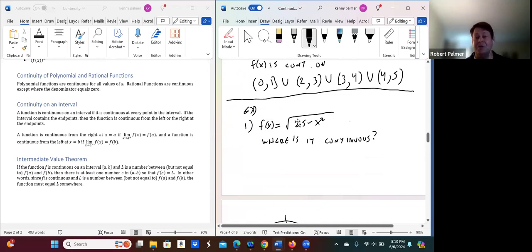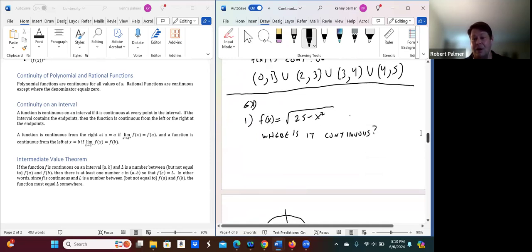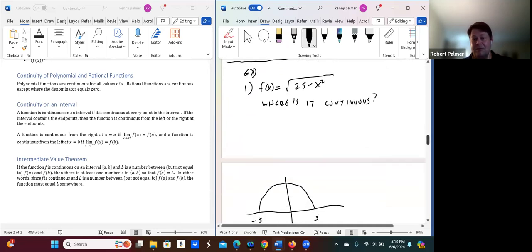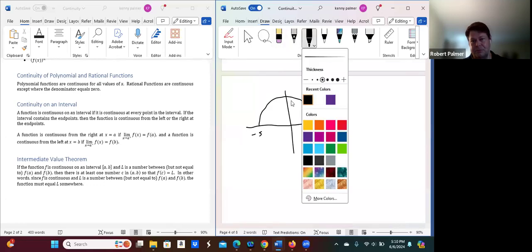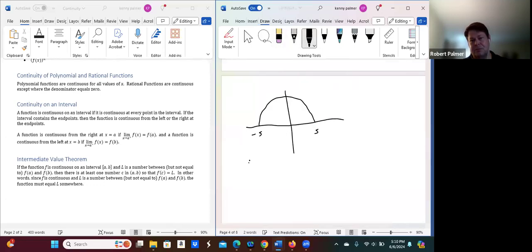But here, since we have a square root, we have to think about where the expression inside has to be positive or zero. To be real, meaning not imaginary, 25 minus x squared has to be greater than or equal to zero. So let's actually solve that to help us understand a bit better.